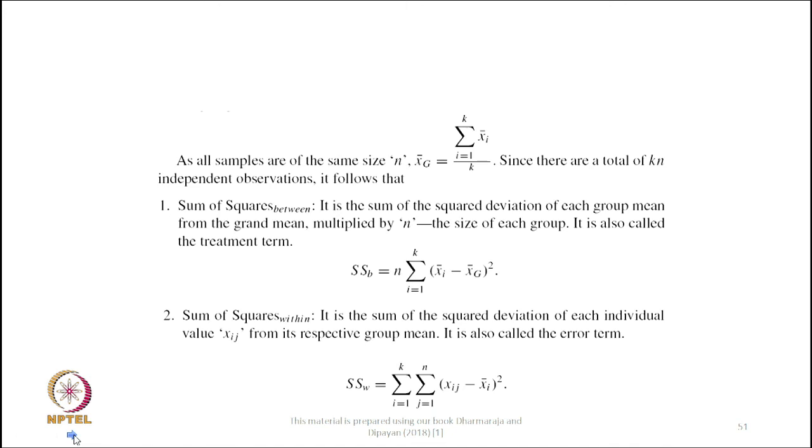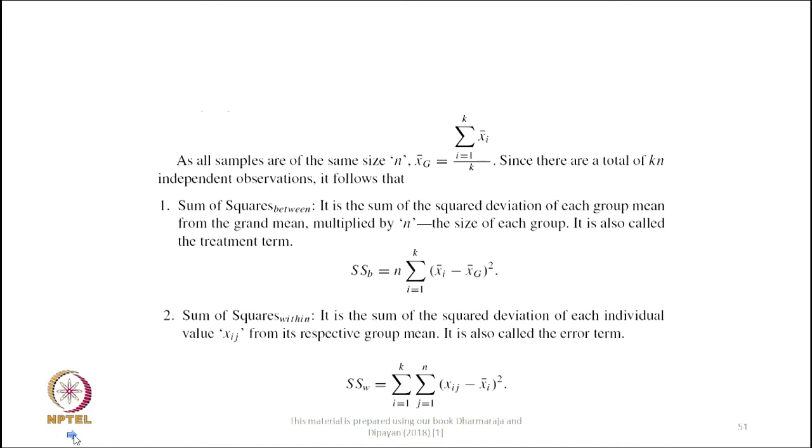These are the quantities you also have to compute, because using these quantities only we are going to create the test statistic later. One is called the sum of squares between, with the suffix notation small b. Similarly, the sum of squares within, which I am going to write with w in the suffix.